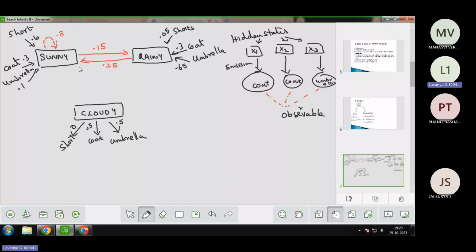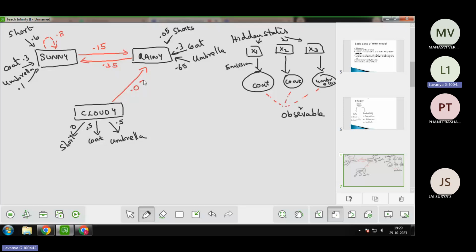We have 3 hidden states: sunny, rainy, and cloudy. Now we are going to see the transition that is going to happen within the hidden states. So we were talking about the transition between sunny and rainy. Similarly, from cloudy, we have a transition to rainy.